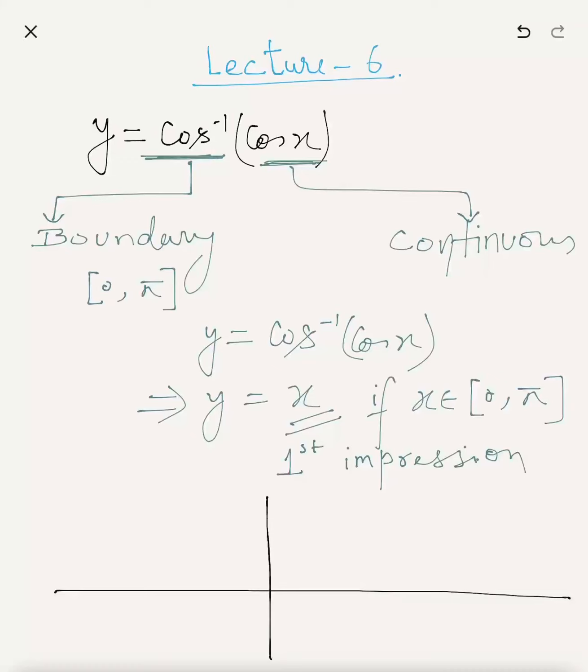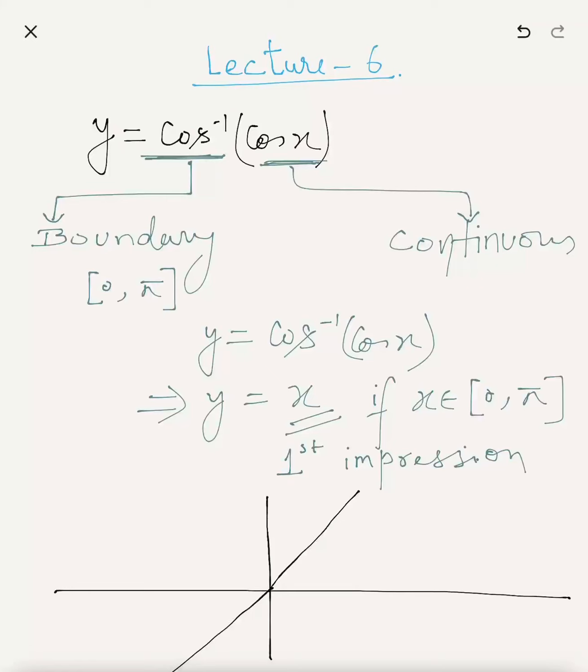This is your coordinate axis. Now what is your first impression? It is y equals to x, isn't it? So let us draw y equals to x.